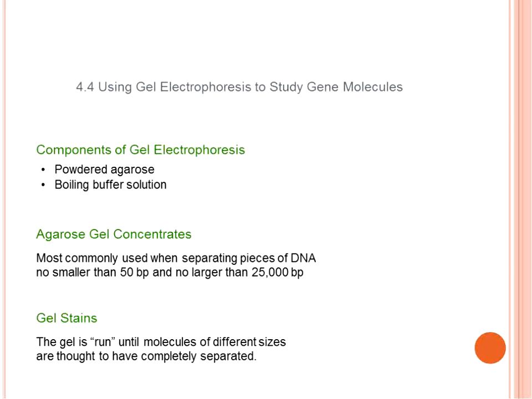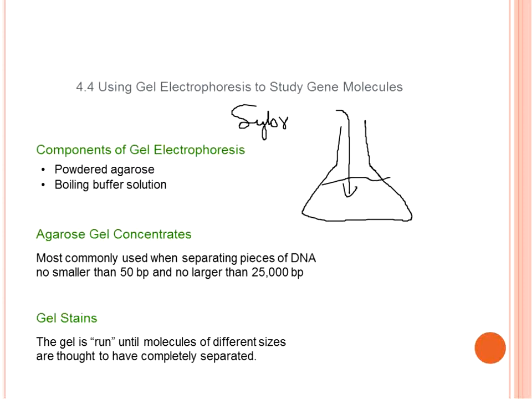So what we do nowadays is, when you're preparing your agarose solution, we add in a stain called CyberSafe. Okay. Into the agarose solution, so you don't need to stain the DNA later on. The stain is already in there, right?